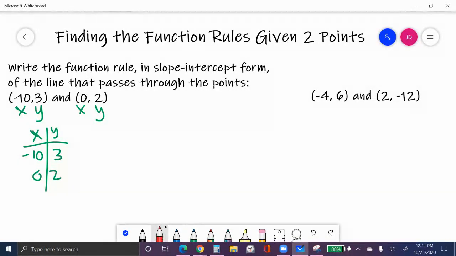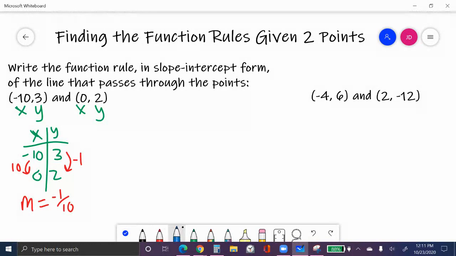Then we find our rise over run, our change in y over the change in x. This one goes down 1 to the right 10. So my slope is negative 1 over 10. I have my slope, and I also have to find my b, which is right there, because b is my y-intercept, where x equals 0.